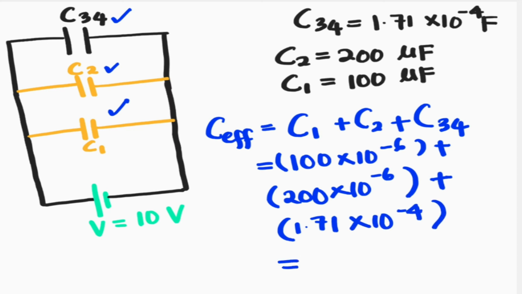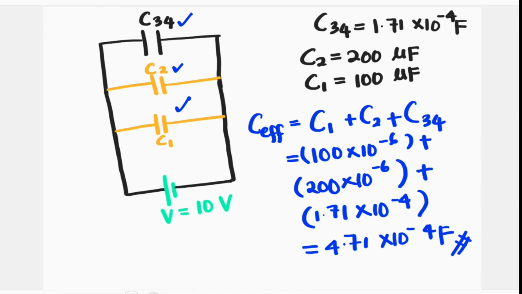So the effective capacitance should be 4.71 times 10 to the negative 4 farad. So this is the final answer.